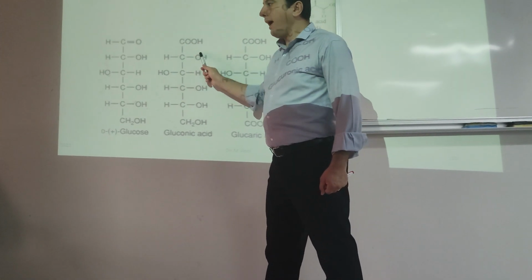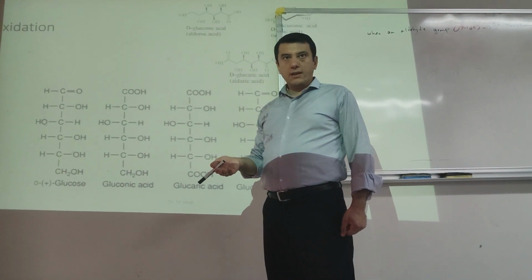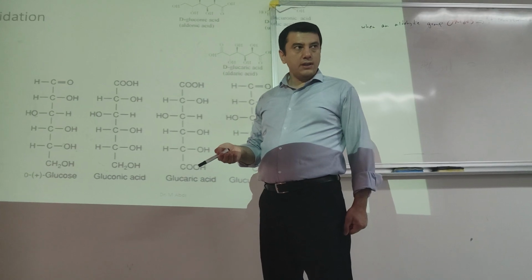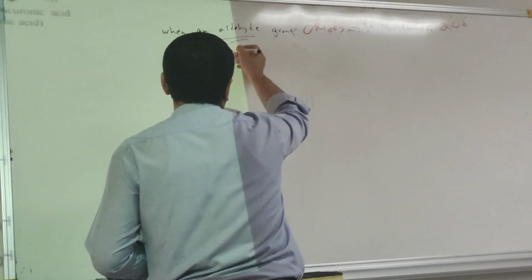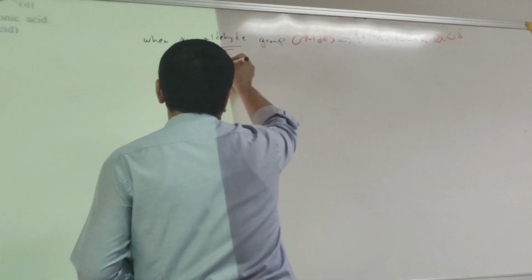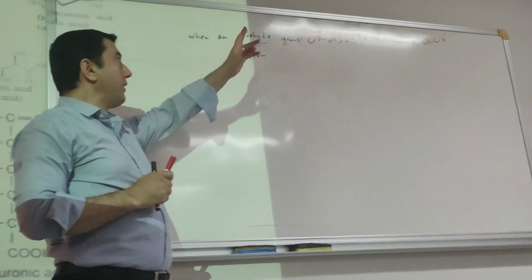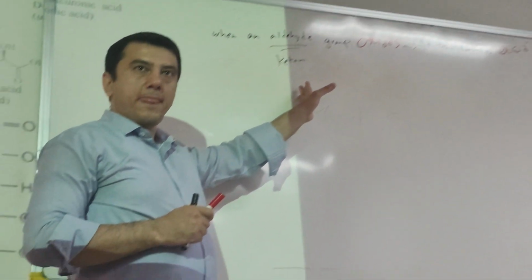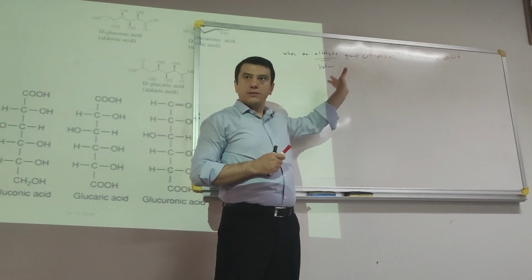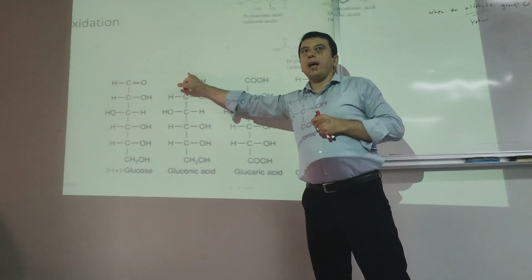This is an acid group. We have the same process for ketone groups. So whenever we have a ketone or aldehyde group and we oxidize these groups, we then have an acid group.